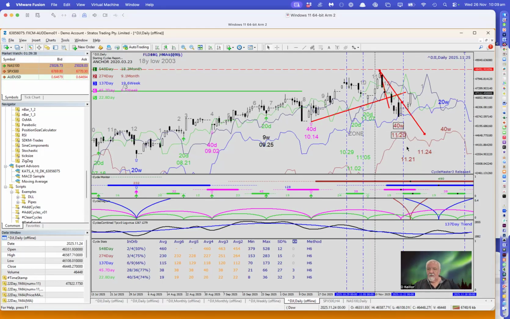We can move our zone lines. The next zone of interest is the 20-day low further out.